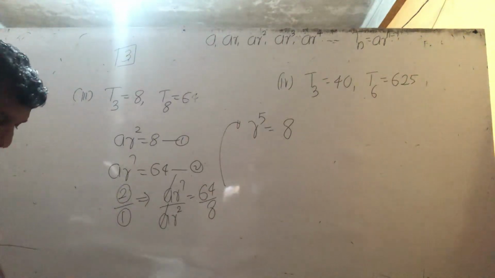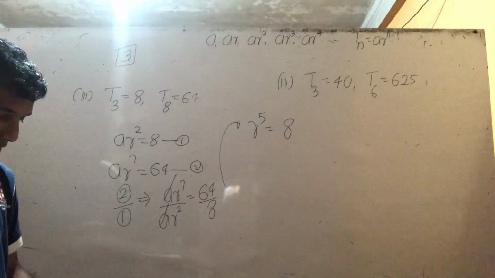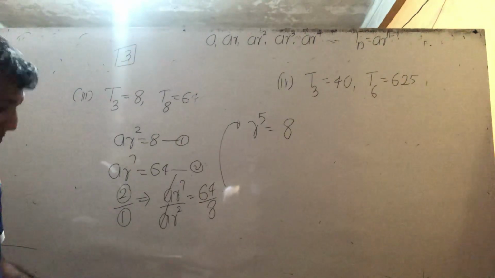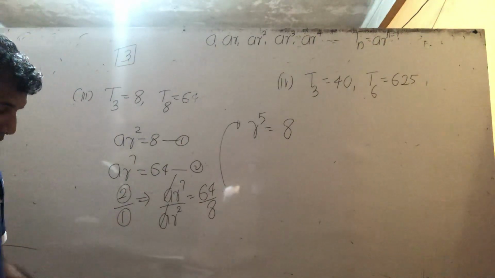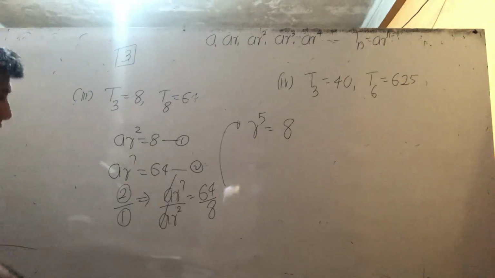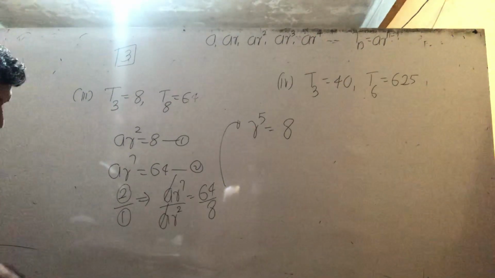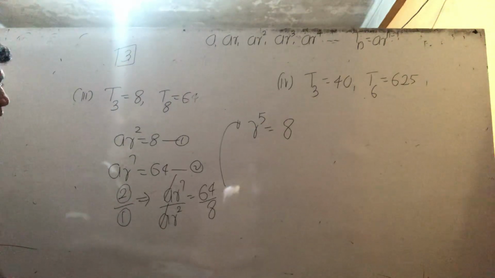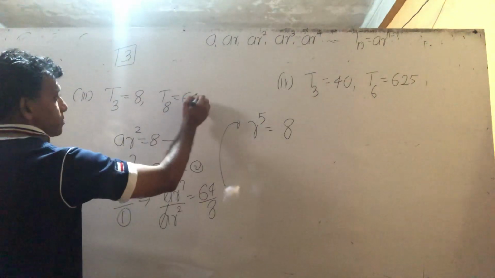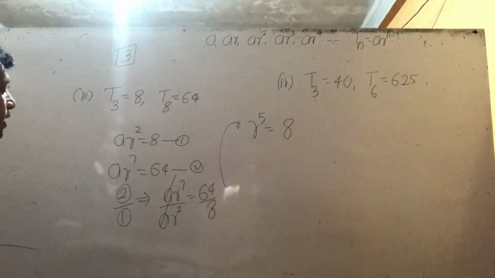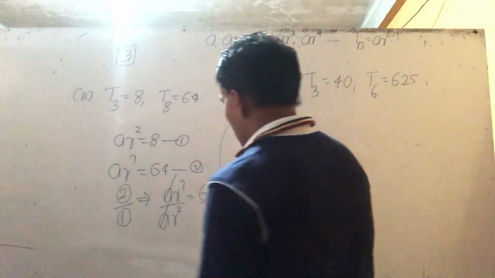This is one of the book questions. Third term is 8 and the 8th term is 64. Third term: AR square equals 8. The 8th term divided gives R to the power 5.